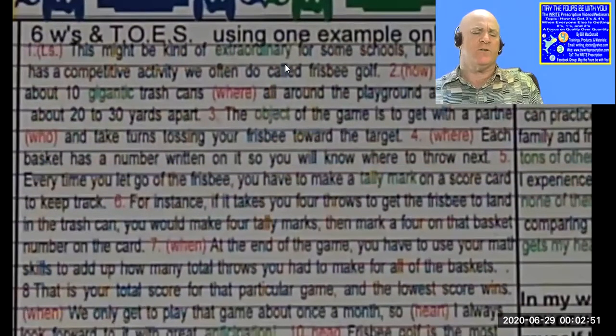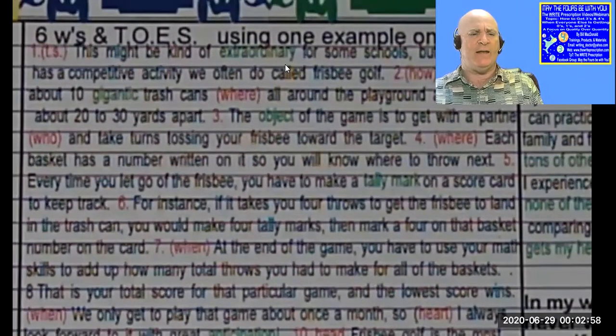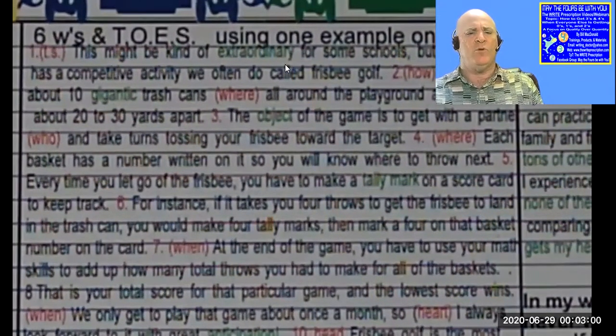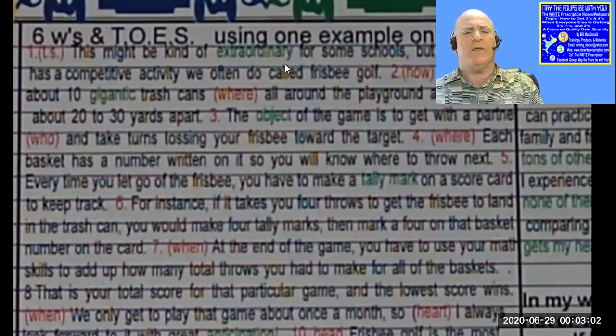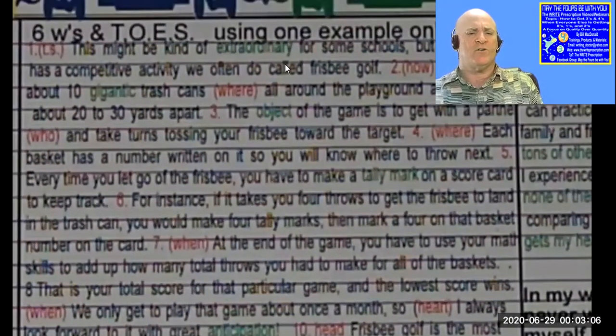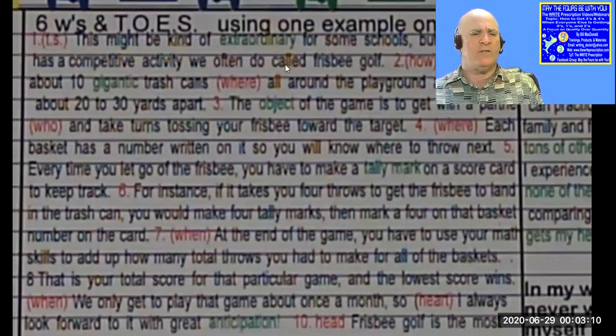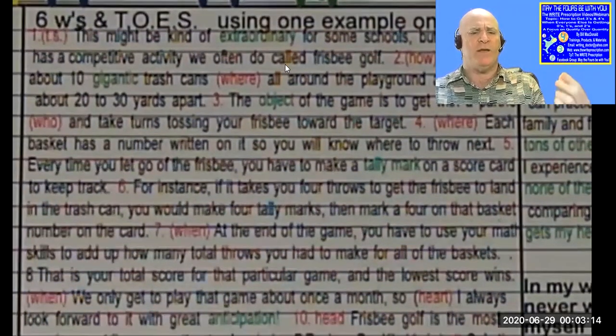For instance, so here's an example of what you mean. If it takes you 4 throws to get the frisbee to land in the trash can, you would make 4 tally marks, then mark a 4 on that basket number on the card. So several what you do's there. And as you can see, if you think about them as I'm reading them, these are all just based on the W's.